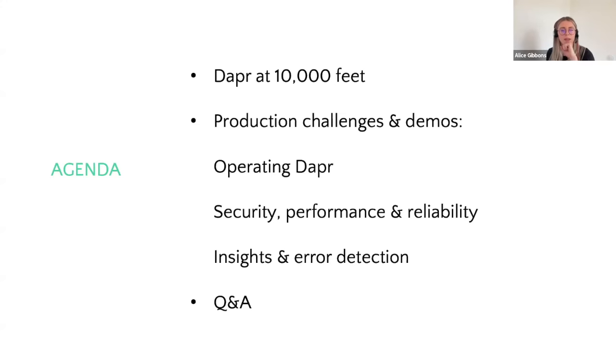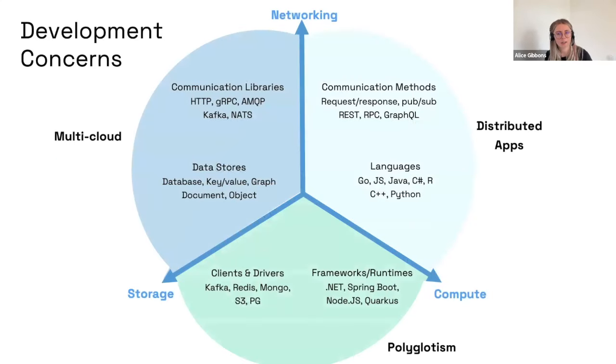I'm going to get going here. I wanted to start by talking about some of the development concerns that developers have to face in today's environment, specifically around the growing requirements with multi-cloud and platforms, polyglotism, and the popularity and rise of distributed applications. There's a lot of words on the screen, but you can think of these concerns in 3 different categories: networking, compute, and storage. There are a ton of different networking options and protocols that would be good for different applications.